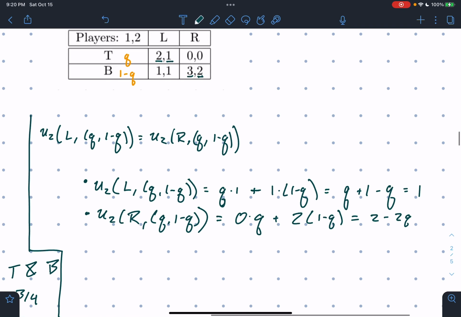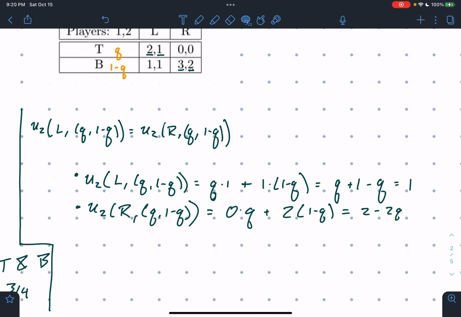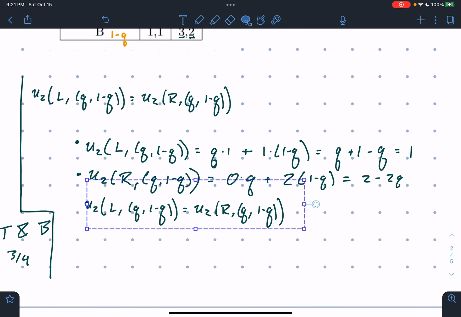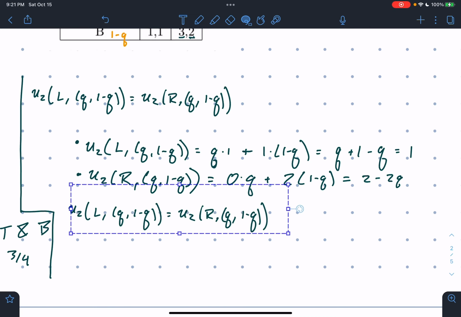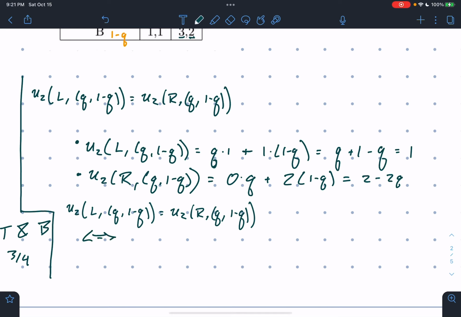So in order to have the utility of player 2 from playing L equal to their utility from playing R, we set these equal to each other and solve for Q. This indifference happens only when 1 is equal to 2 minus 2Q. Rearranging, 2Q is equal to 1, so Q is equal to 1/2.